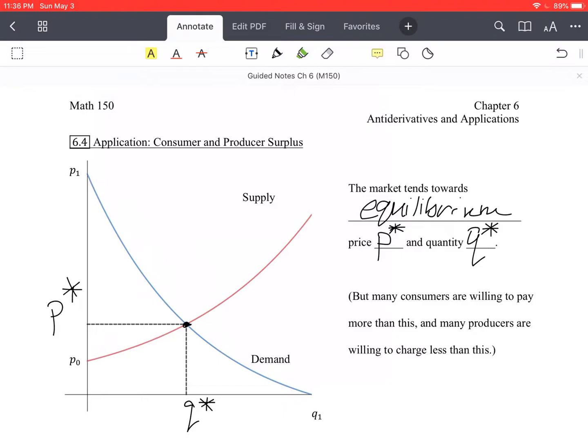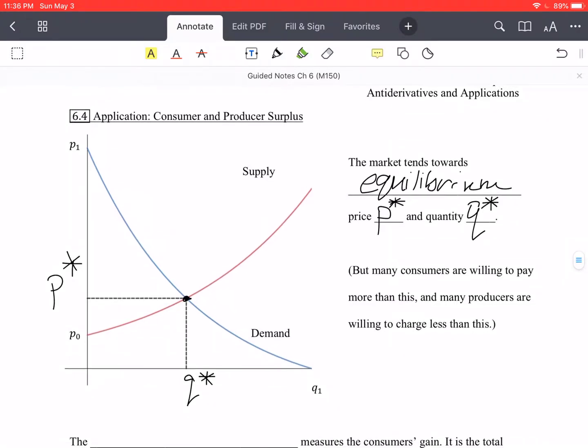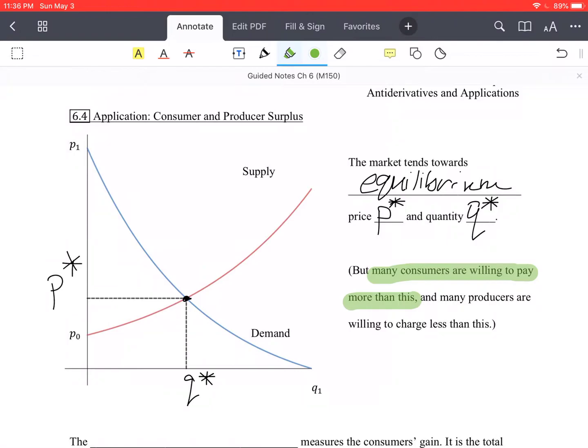But just because we're at equilibrium doesn't mean that the market can't shift a little bit. It's just that it tends towards equilibrium. Equilibrium is kind of like the happy medium where everybody is pretty content with the way things are. And the key idea behind consumer and producer surplus is many consumers are willing to pay more than this, and many producers are willing to charge less than this.